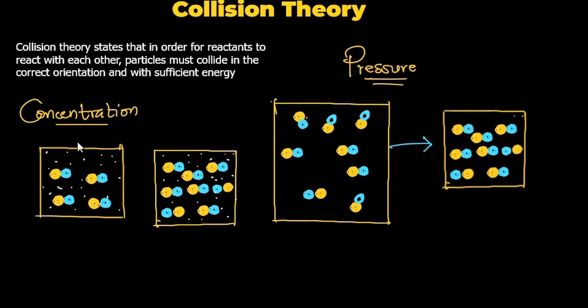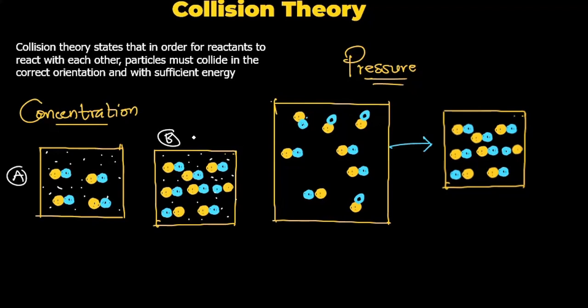So think of this as a solution that contains your reactants. So in A, we have only four reactant particles in there compared to the solution. If it is aqueous, then we'll have water molecules there as the white dots. So if you look at that, we'll say that we do not have enough concentration.